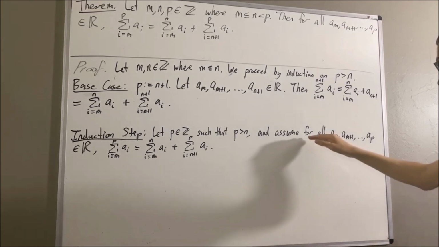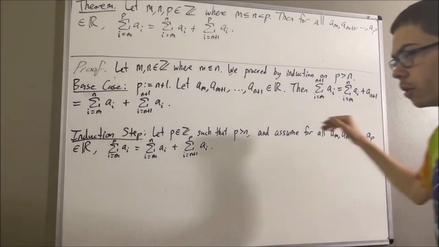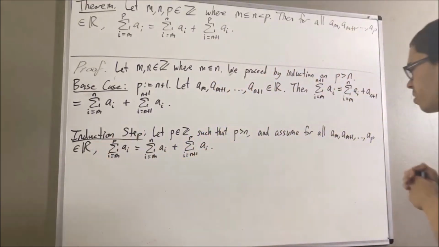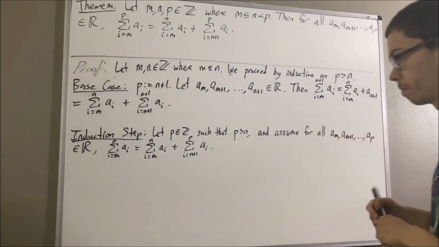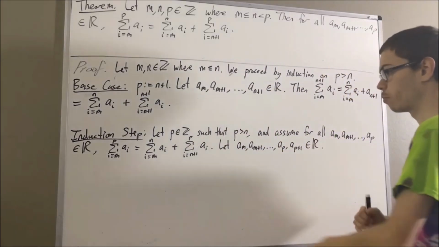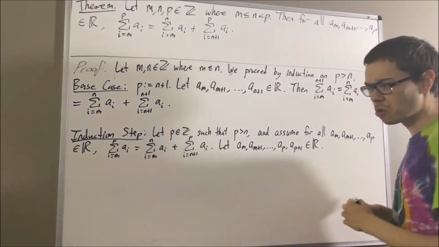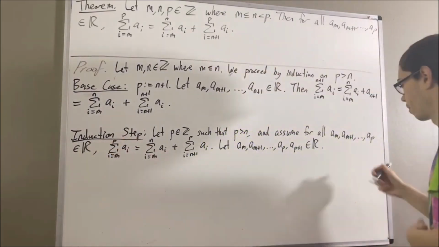So really, we're trying to prove for all lists of real numbers, am to ap plus 1, that this is true where instead of p, we have p plus 1. So give me an arbitrary list of real numbers from am to ap plus 1. The whole goal is to prove that this is true where instead of p, we have p plus 1. So let me rewrite the left-hand side where we have p plus 1 here.